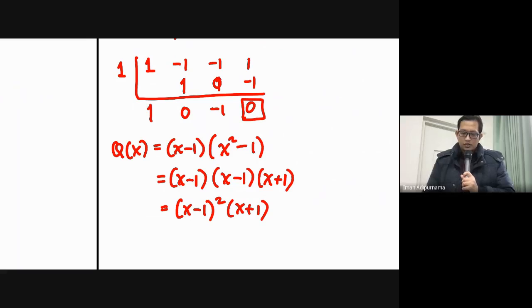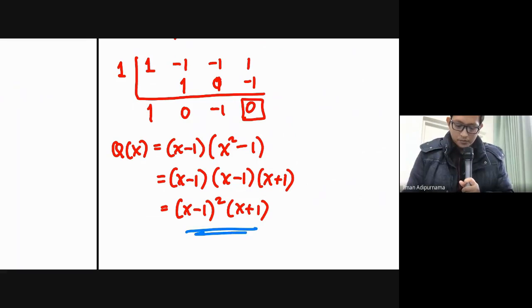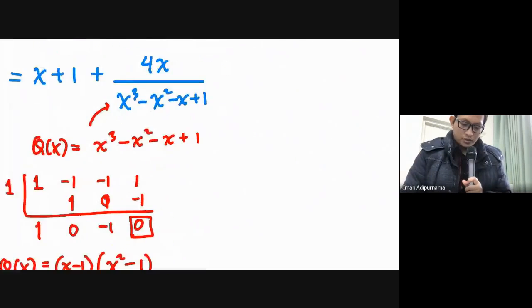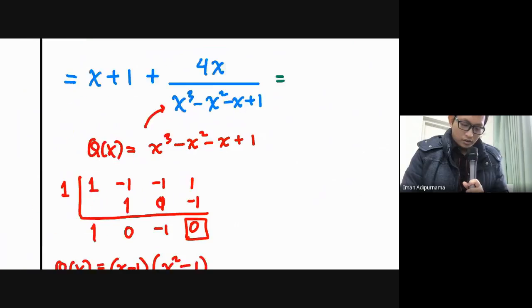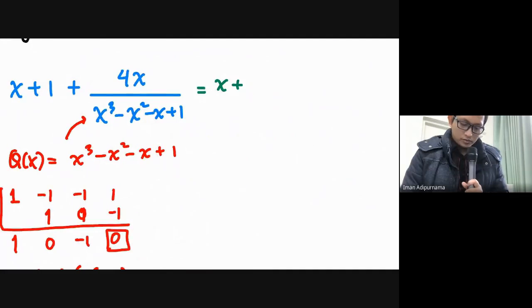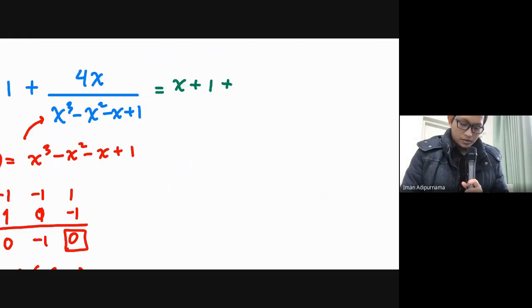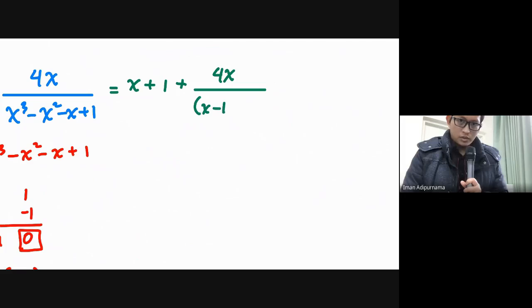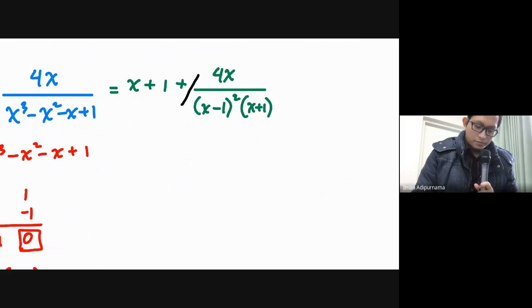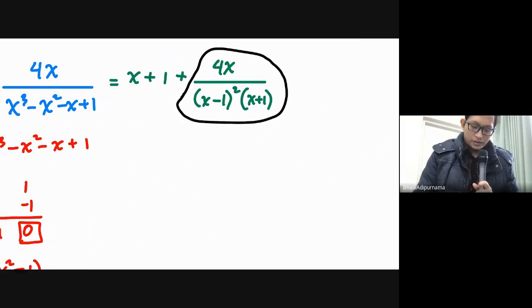Now we can use this to change the 4x part. So let me write x plus 1 plus 4x over x minus 1 squared and then x plus 1. And then we can compute this part first.